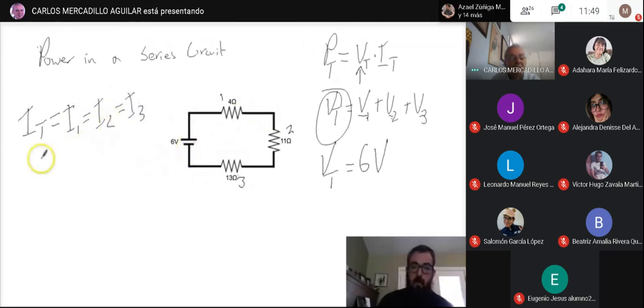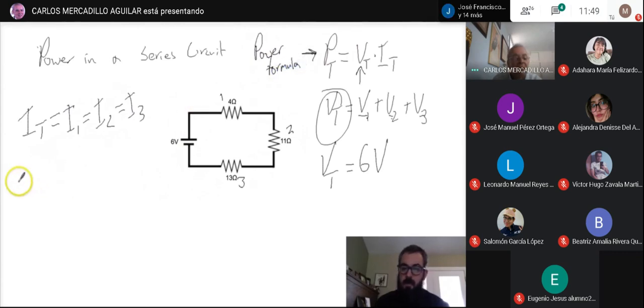But what we really need to do is use Ohm's law, not the power formula. This is the power formula. But we need to use the Ohm's law formula, right, which is V equals IR.